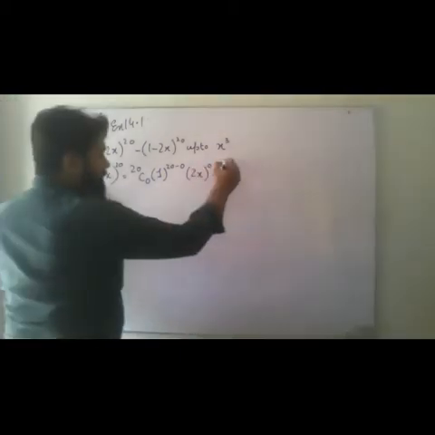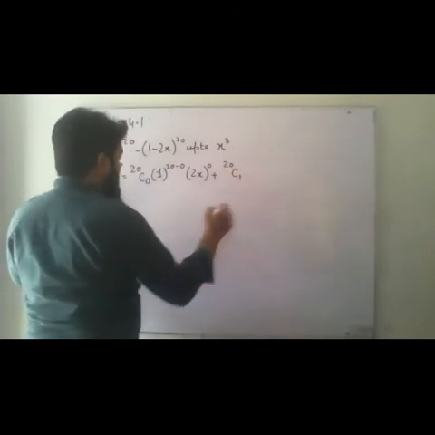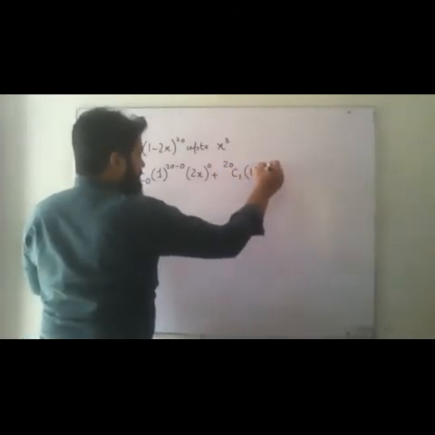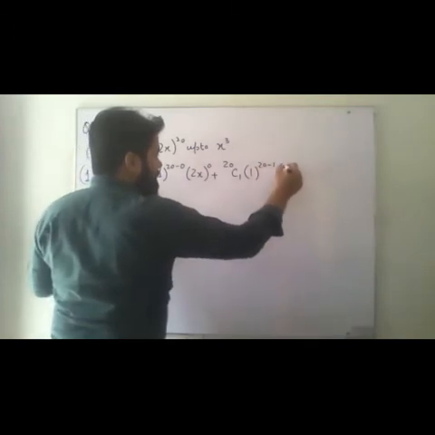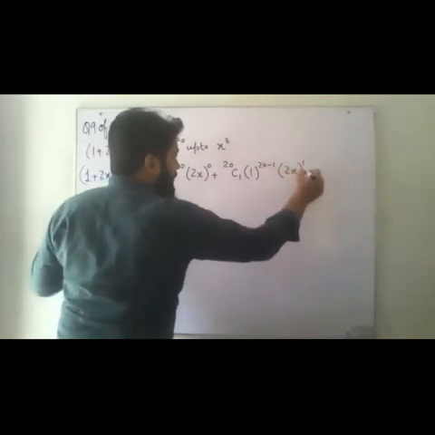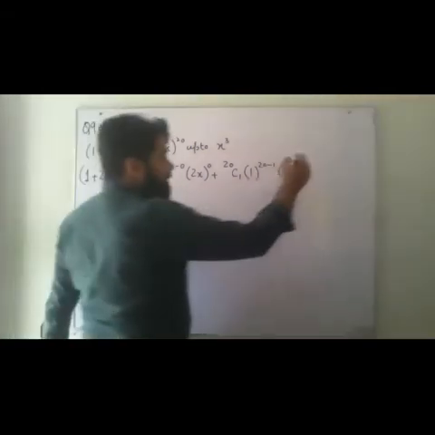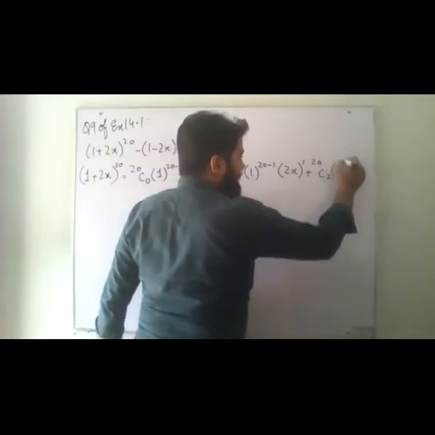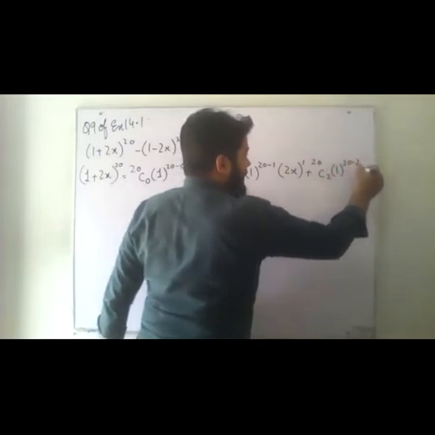The second term will be 20C1 into 1 to the power 20 minus 1 into 2x whole power 1. The third term will be 20C2 into 1 to the power 20 minus 2 and 2x whole square.